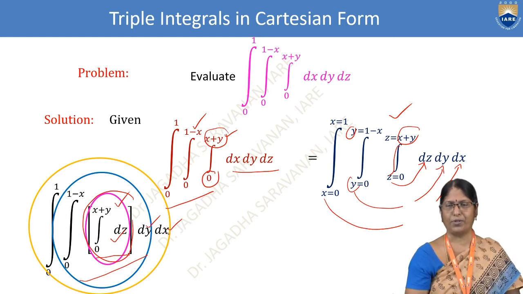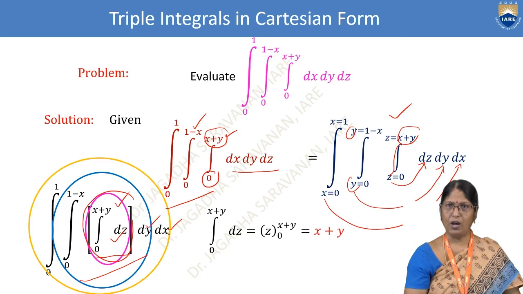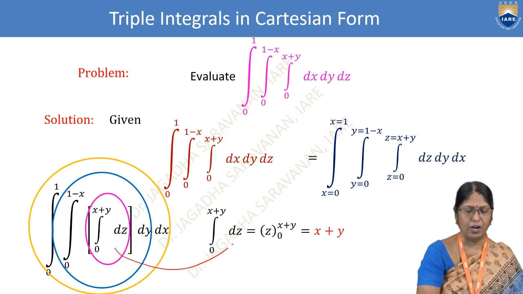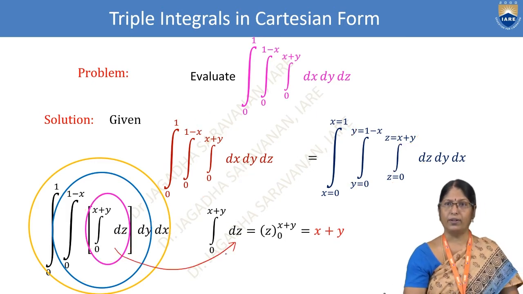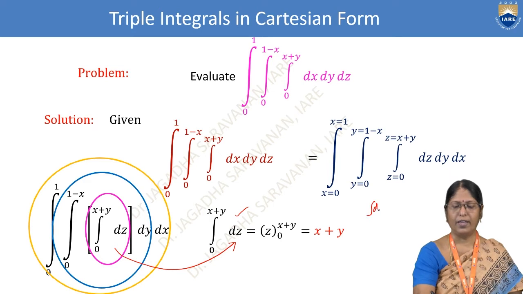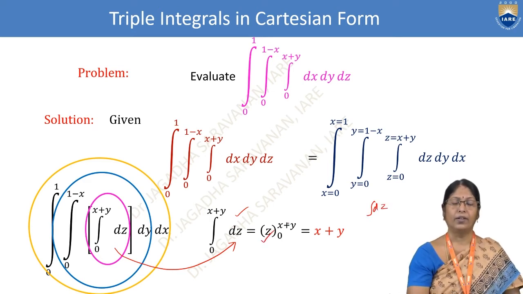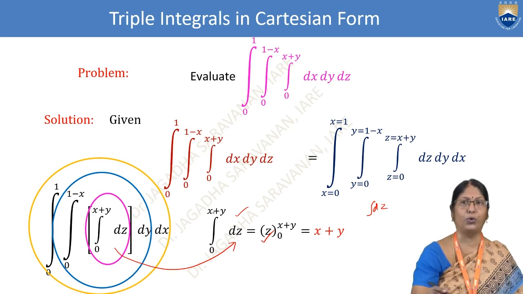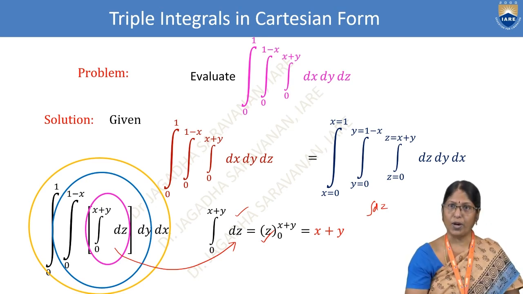Simple concept. So now this innermost integration is written. We know the integral of dz is nothing but z. The limits are from 0 to x plus y.